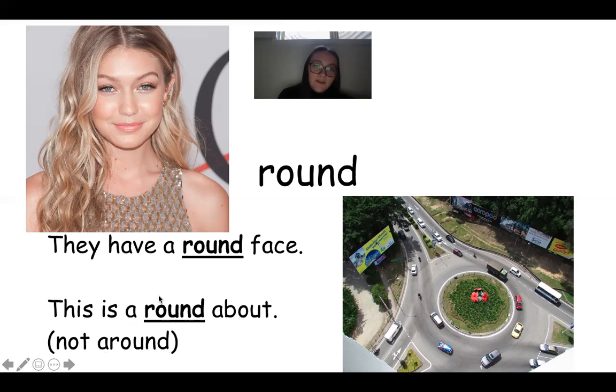A round is put together. So that one's a little bit confusing. I won't confuse you by trying to explain why it is that way, but this is a roundabout, or saying, oh, they have a round face, or can you pick up the round plate or the round dish. It's just talking about it's like a circle.